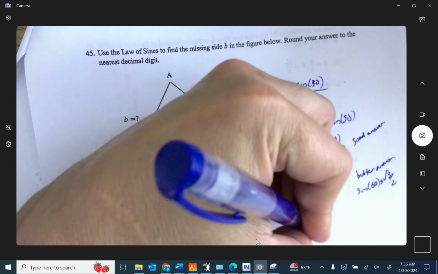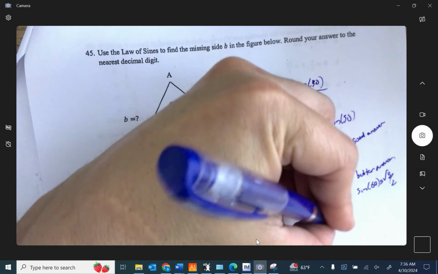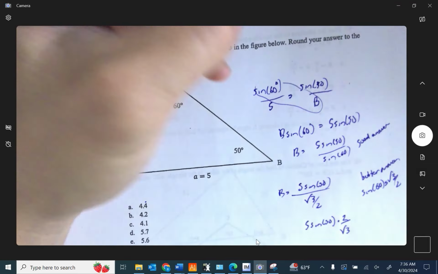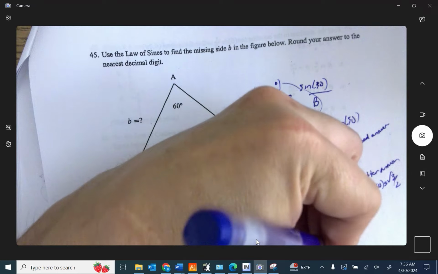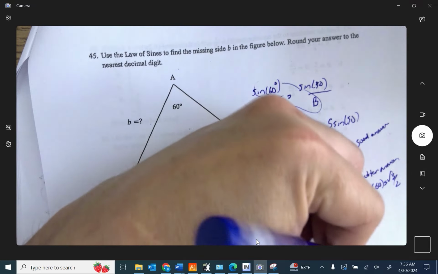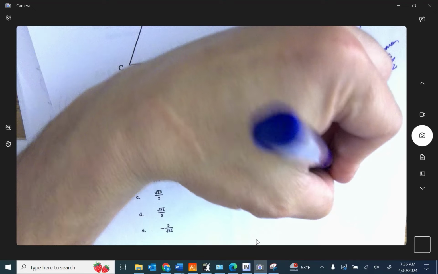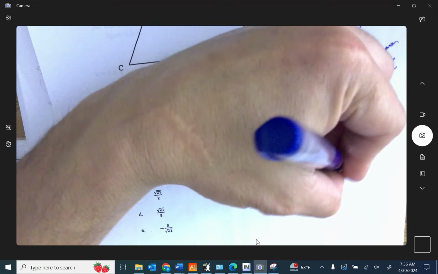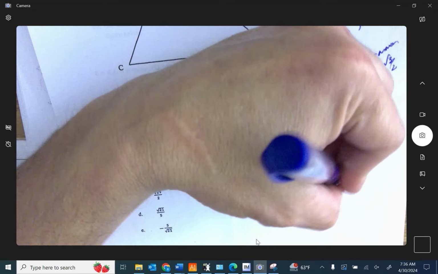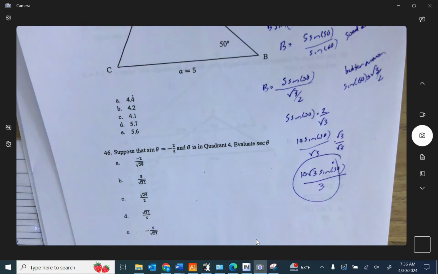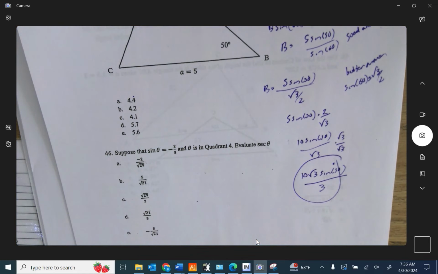This is going to be 5 sine of 50 times 2 over root 3. So I'm going to have 10 sine of 50 sitting over root 3. And then I'm going to root 3 top and bottom, because why the heck not? 10 root 3 sine of 50 sitting pretty over 3. That is as far as you can take that without technology.